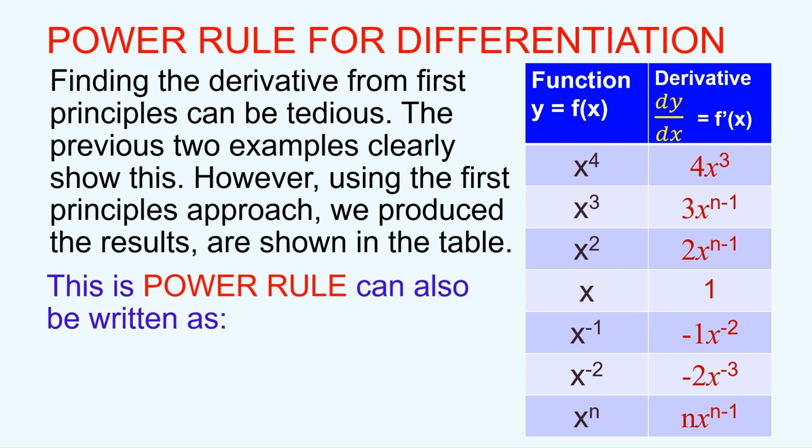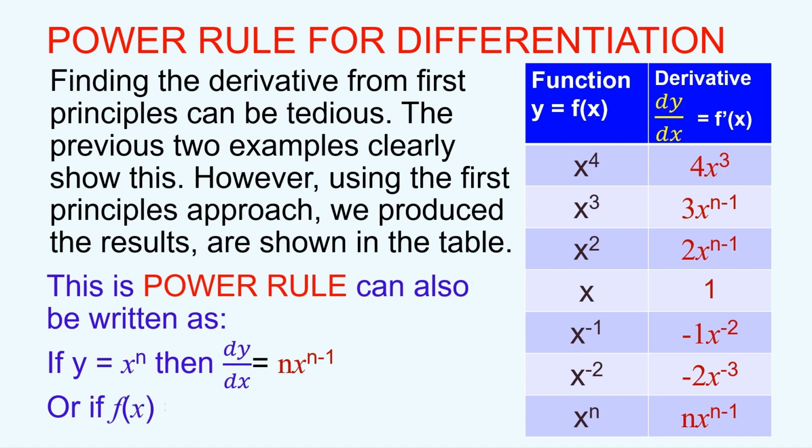This power rule can also be written as: if y = x to the power of n, then dy/dx = n times x to the power of n minus 1. Or if f(x) = x to the power of n, then f'(x) = n times x to the power of n minus 1.